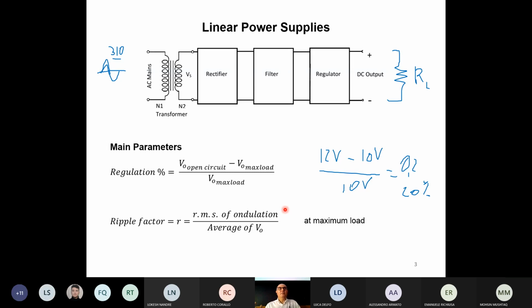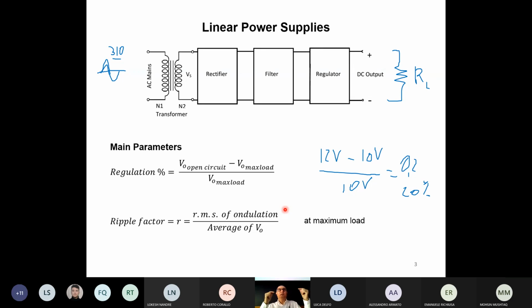Why the root mean square? Because the root mean square is an indication of the power associated with the ripple. The root mean square is a definition of the effective voltage, for instance. And the effective voltage, again, is associated to the equivalent power of a signal.